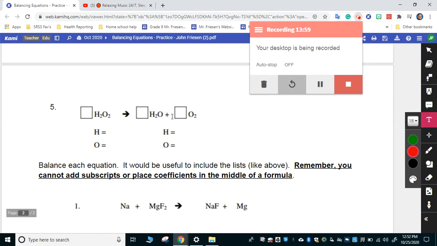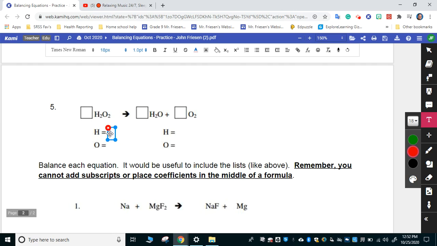Okay, on this final one, we've got H2O2 yields H2O and O2, and so let's count our atoms. So we've got 2 here and 2 there, right?